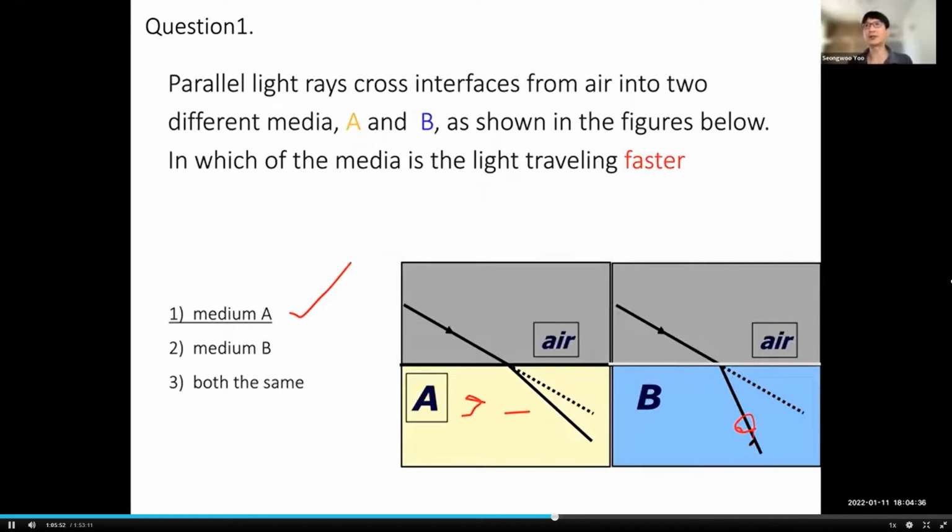In other words, the refractive index of the B is higher than the refractive index of A. Then the light speed is reduced by the amount of the refractive index. Therefore, the light will travel faster in the medium A, whose refractive index is smaller than the B. All right. So the correct answer is 1.